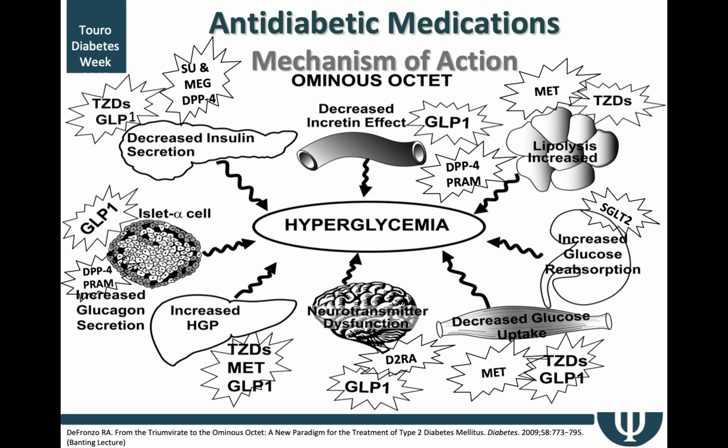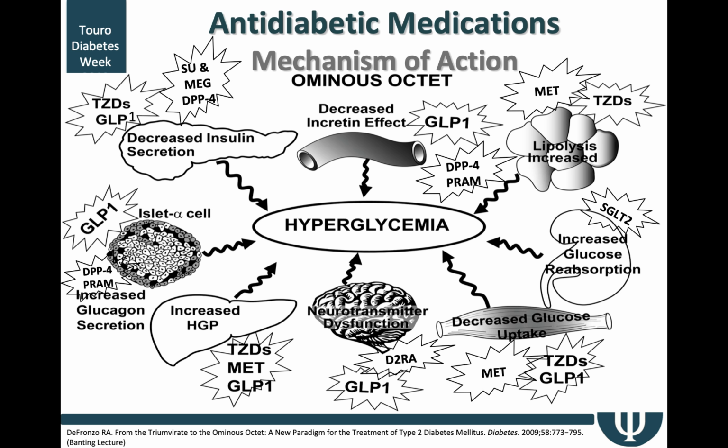As I mentioned earlier, we use the Omnibus Octet as a way to help categorize all the different classes of medications. But I will touch on every single one later on. This slide is very busy.